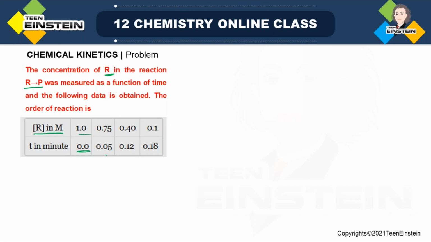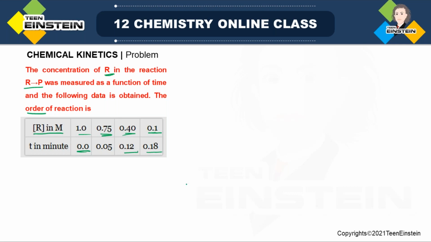When time is 0.05 in minute, then the concentration gradually decreasing. When it is 0.12, concentration is 0.40, and when the time is maximum, obviously the amount of R is now minimum. So gradually the amount of R, that is the starting material, it is decreasing with time. So from this information we have to find what is the order of the reaction.